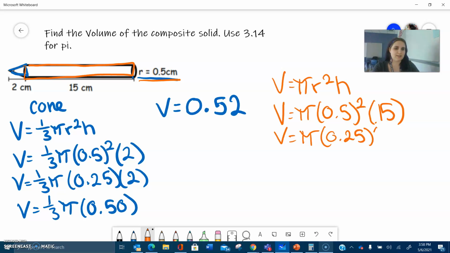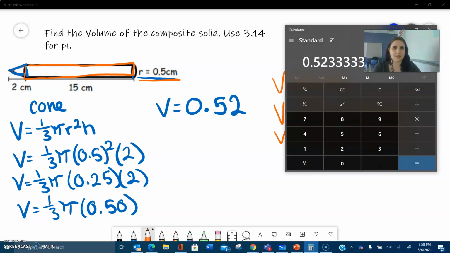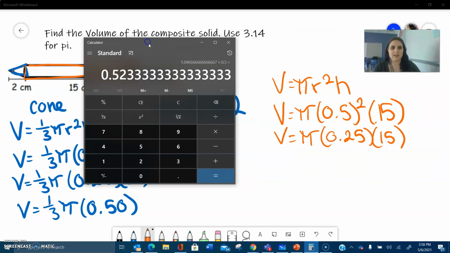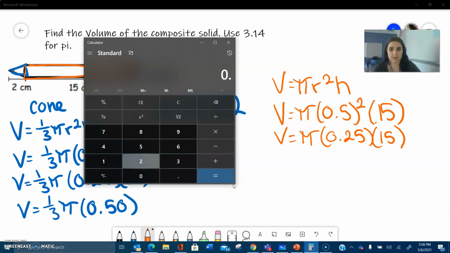And keep on simplifying. So pi times 0.25 times 15. I'm going to grab my calculator and do 0.25 times 15. And multiplying by, oh, sorry, we're not doing a third. Multiply by pi. So times 3.14 equals 11.77.